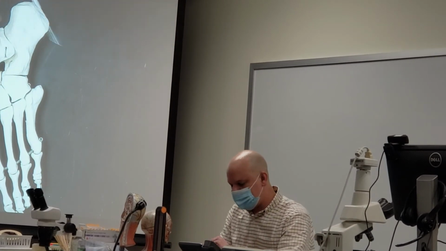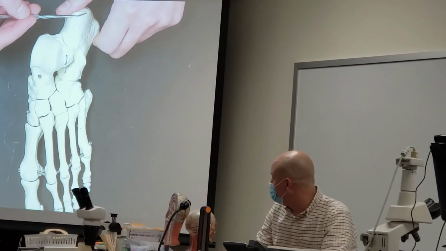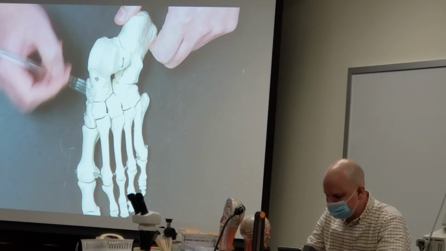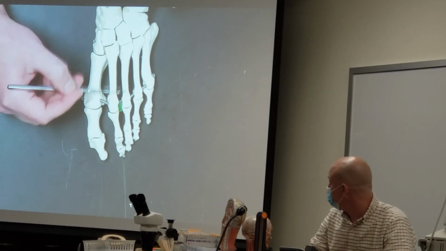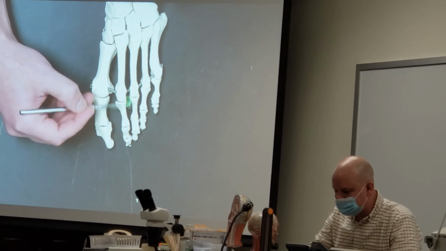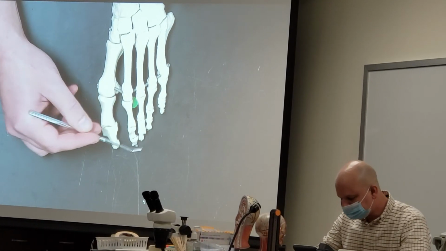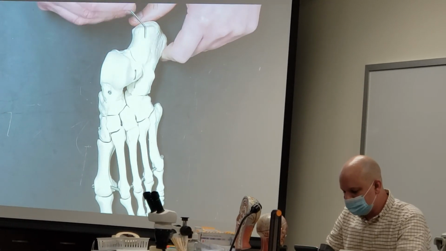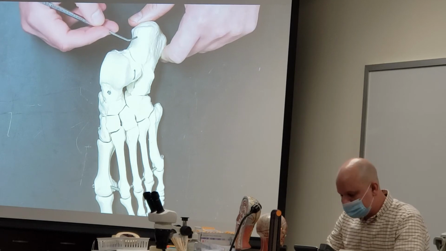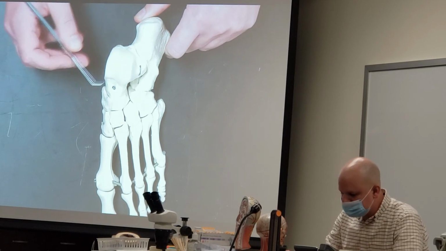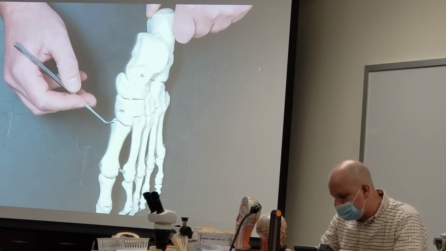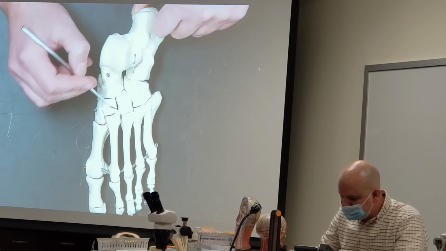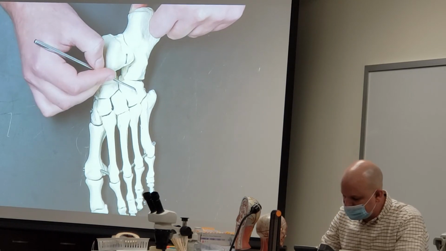We're going to have the tarsal bones from here to here, the metatarsals, and the phalanges. So the mnemonic here is children that never march in line cry.